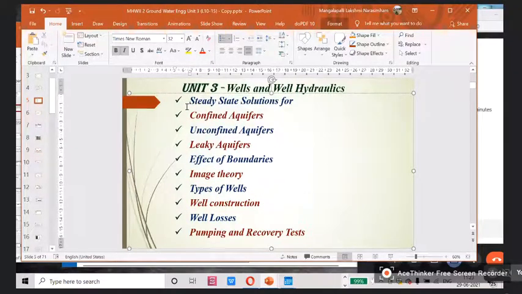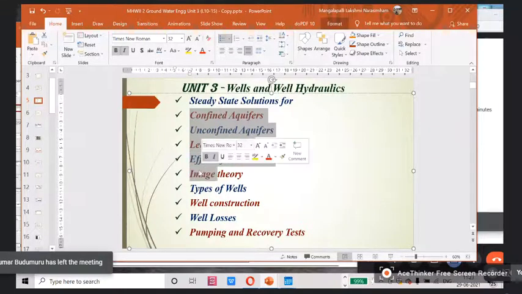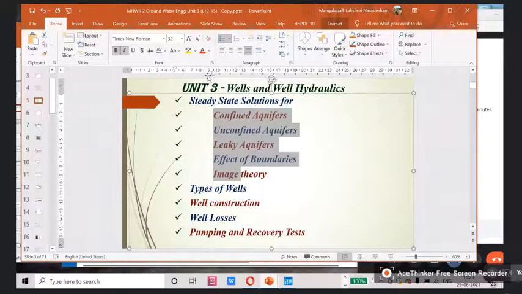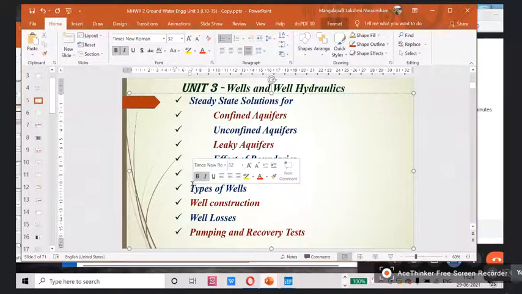So first, the steady state solutions for confined aquifers, unconfined aquifers, and then the leaky aquifers, effect of boundaries, and image theory. Then, of course, comes the construction, development, and maintenance of wells.